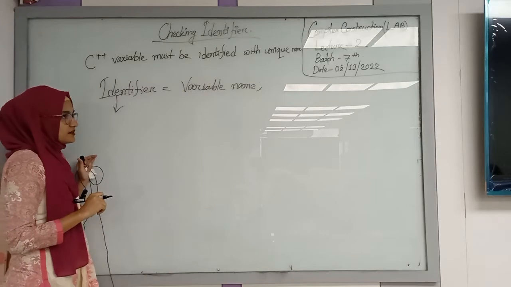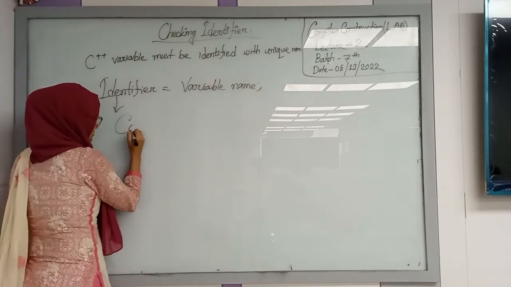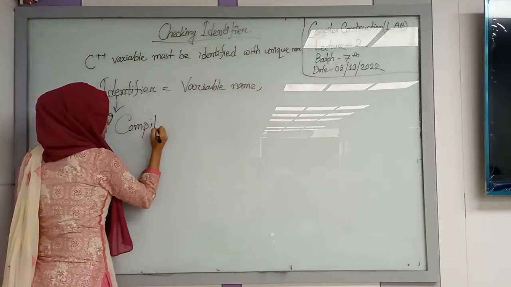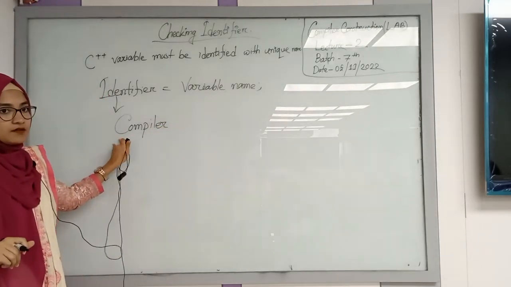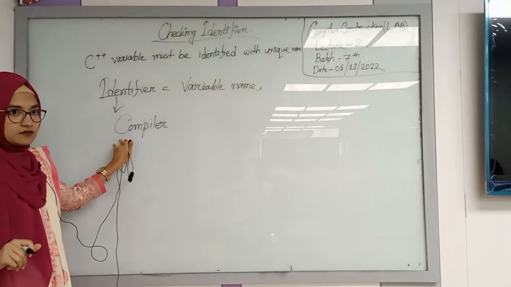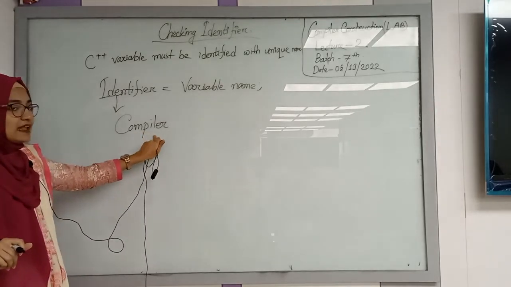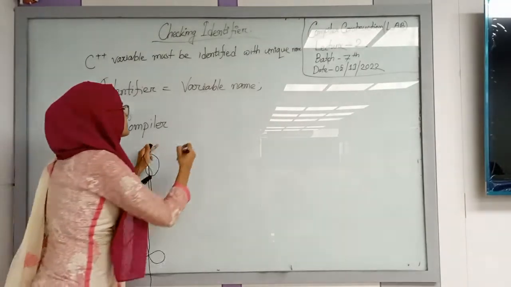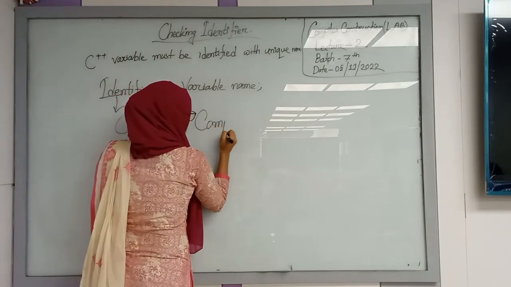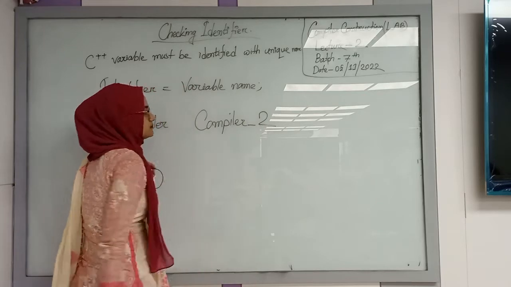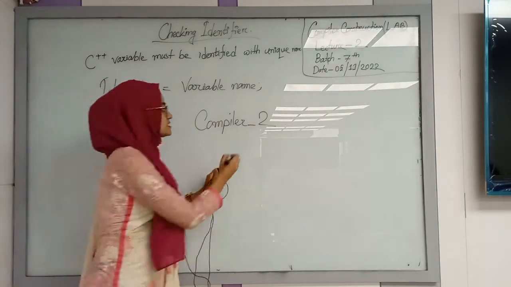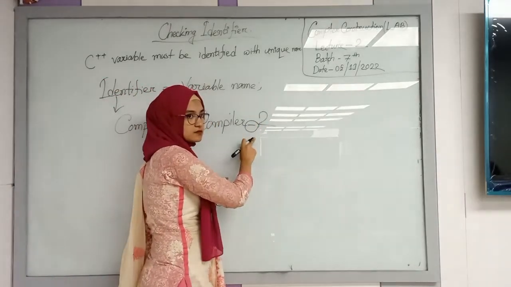Okay, let's take a name, compiler. It can be a variable name, right? Yes, because it contains alphabets. This is a special character, underscore.